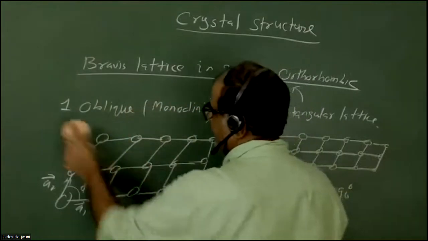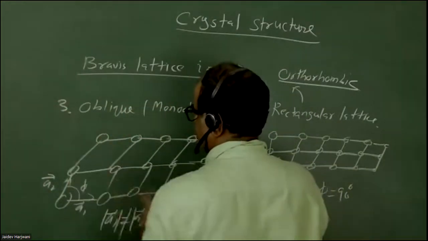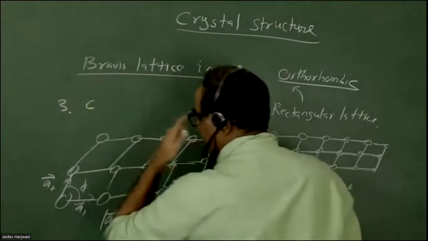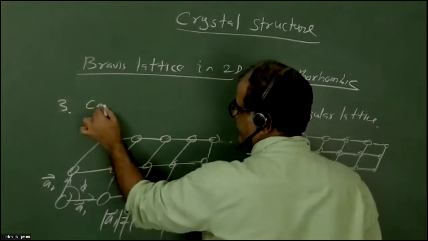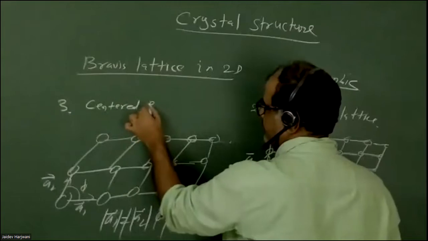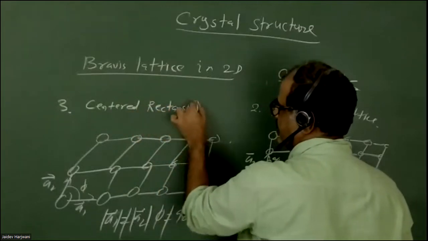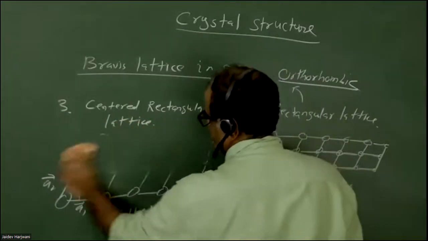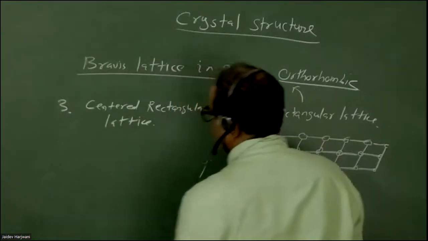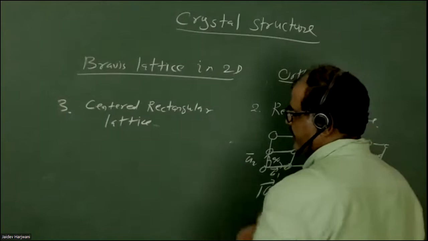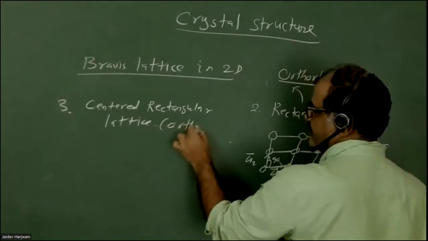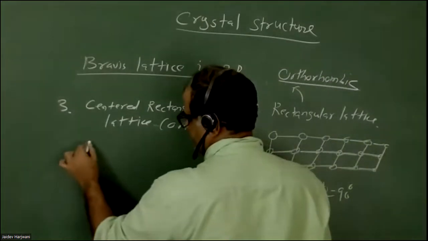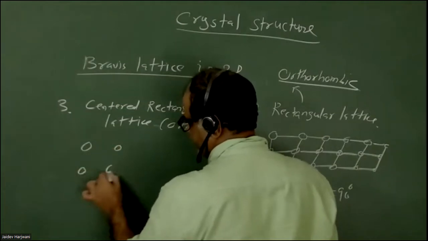The third one is your centered rectangular lattice, which also falls in the orthorhombic crystal system in 2D. So in this system, we have one more atom in the center.